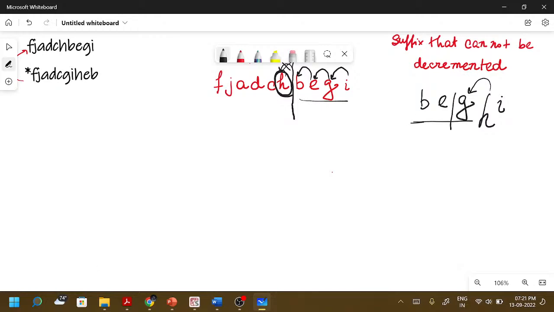So in that concept we have G. Now if we write it again, we'll consider F, J, A, D, C. We are replacing H with G. Then again we have B.